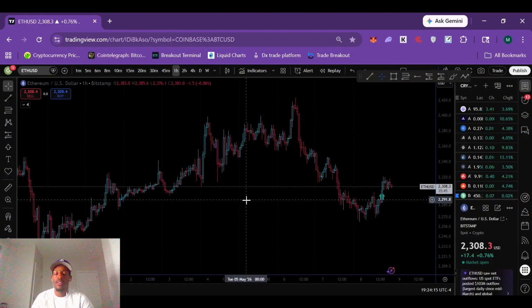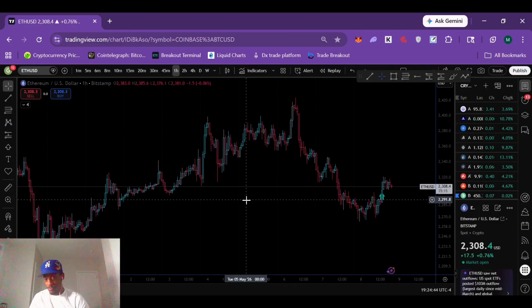For those who don't know how the market works, there are buyers and there are sellers, and whichever has more buying or selling power is the direction the market moves in. If there are more buyers and more money going to the upside, the market is going to go up. If there are more sellers, the market is going to go down. Well, not necessarily crash, but it's going to go down.